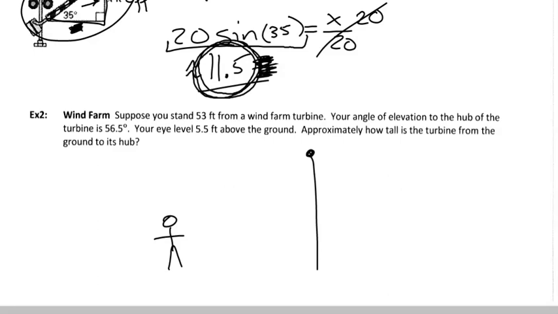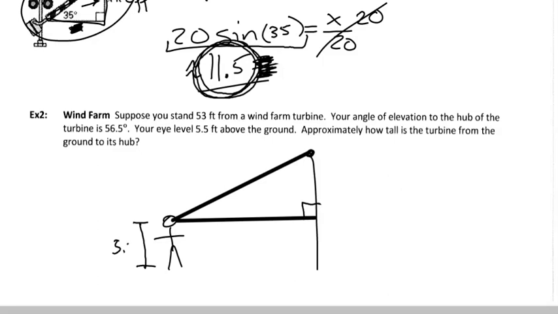Now it says angle of elevation, so I need to show line of sight and a horizontal line. Notice the triangle is kind of hovering in the air. And then they say the eye height is 5.5 feet. We'll have to deal with that in just a little bit. It tells us that you are 53 feet from the wind turbine. We're trying to figure out what the height is.